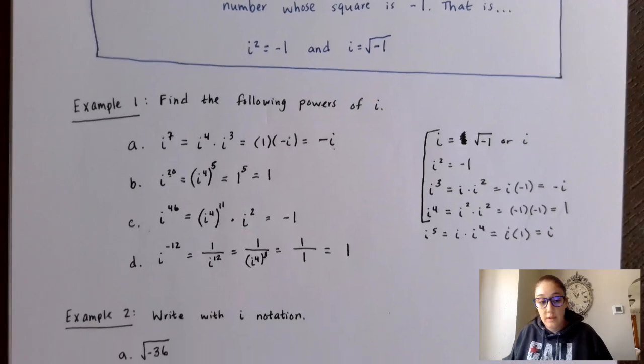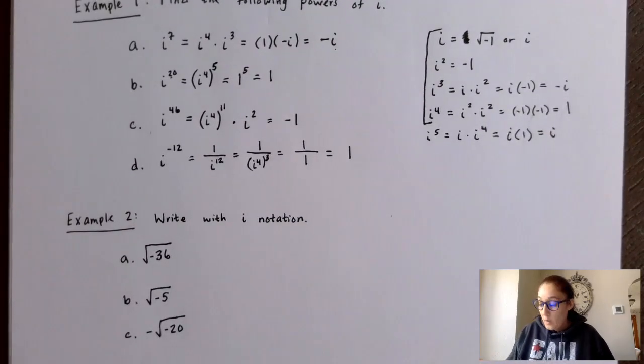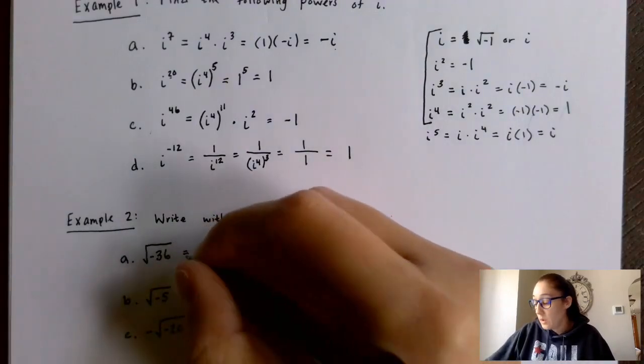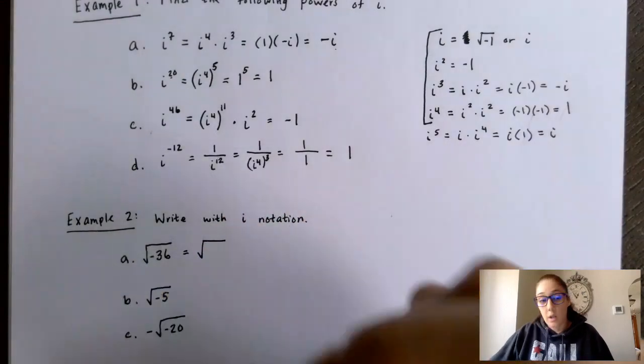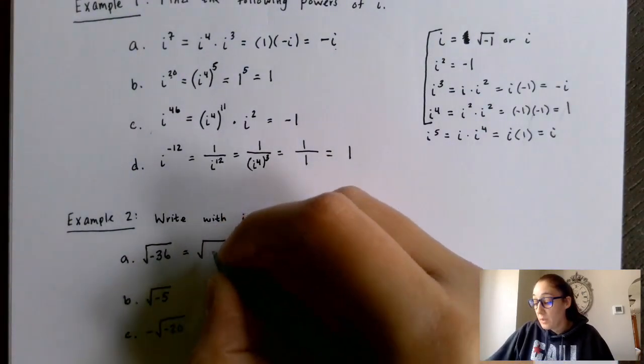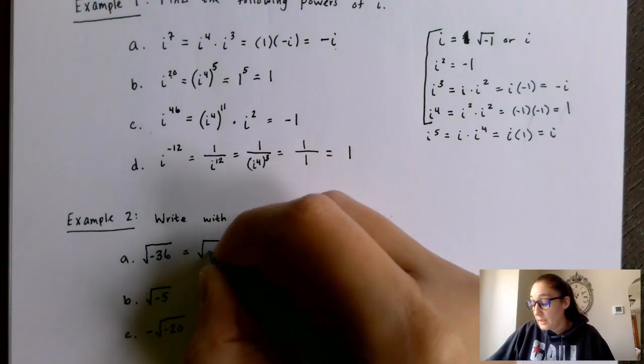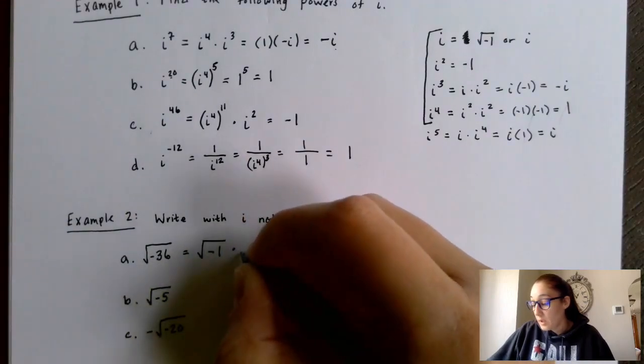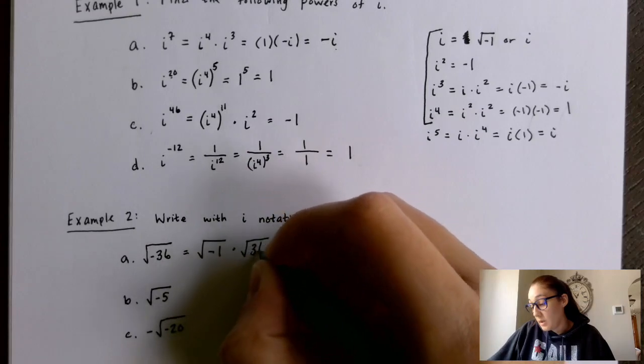Let's take a look at this next example. We have the square root of negative 36. If this were the square root of 36, this would be really simple for us. But what we're going to do is rewrite this. All the laws, all the properties of radicals still apply. So I can rewrite this as the square root of negative 1 times 36.